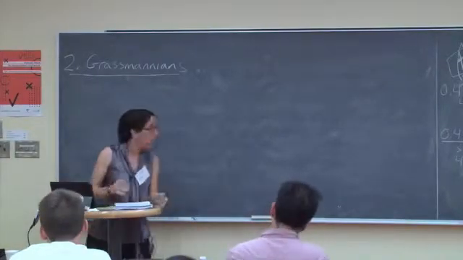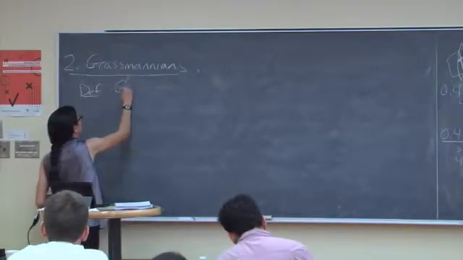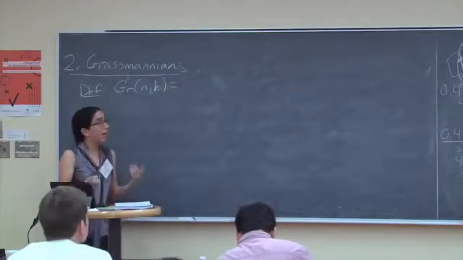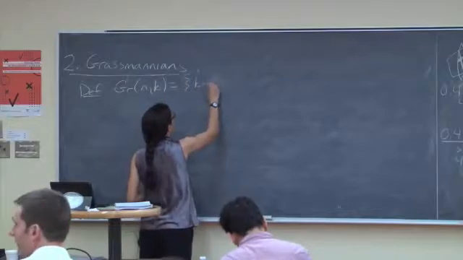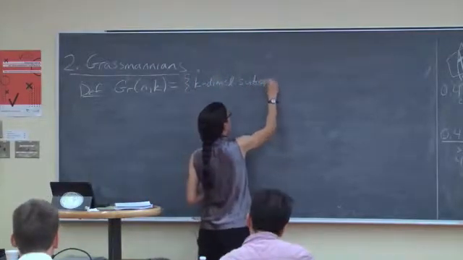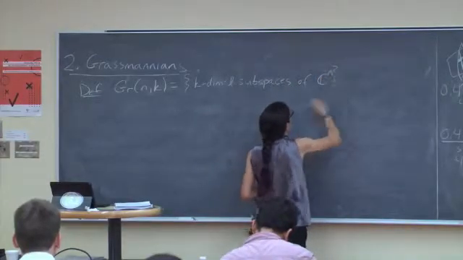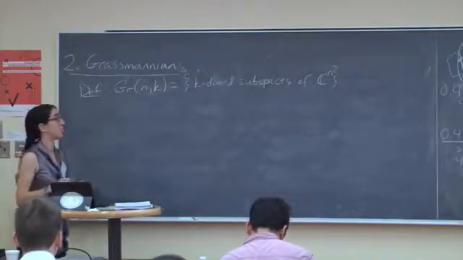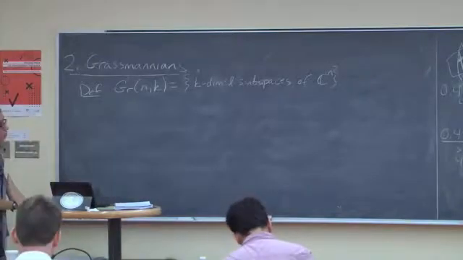So we're going to define the Grassmannian Gr(n,k) to be, as a set, the set of all k-dimensional subspaces of C to the n. Now I've dropped all pretense of ever working over R. R was just to draw pictures. And now we're going to be working over C for the rest of the course.